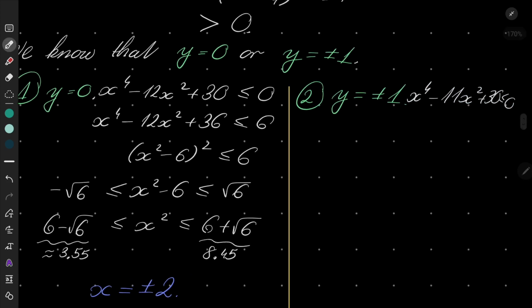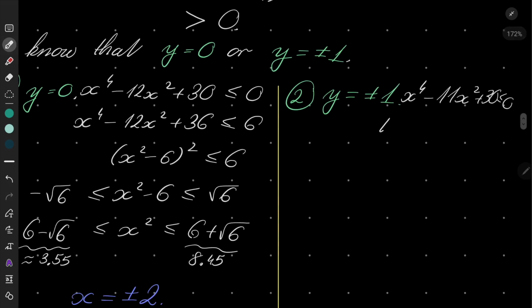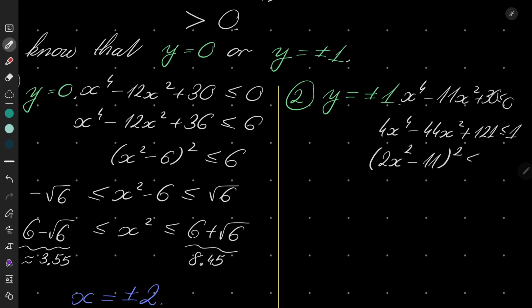Now, what can we do? Let's multiply both sides by 4. And let's add 1 to both sides. And now the left-hand side is simply 2x squared minus 11 squared, which is less than or equal to 1. Okay. And now, after taking square root on both sides, we will establish that this number is between minus 1 and 1.